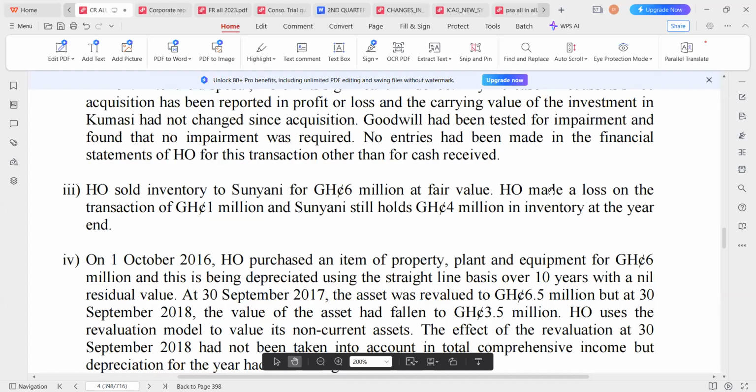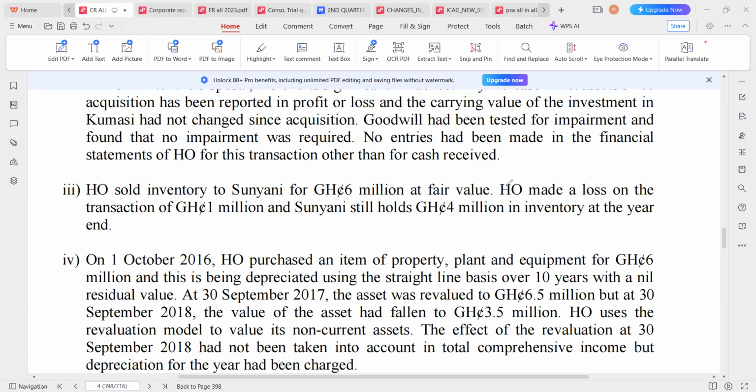Then continue the story. Say who made a loss on a transaction of 1 million. Sunyani still holds 4 million in inventory. So there's a loss. Please, do you eliminate unrealized loss? No. So we don't eliminate unrealized loss.